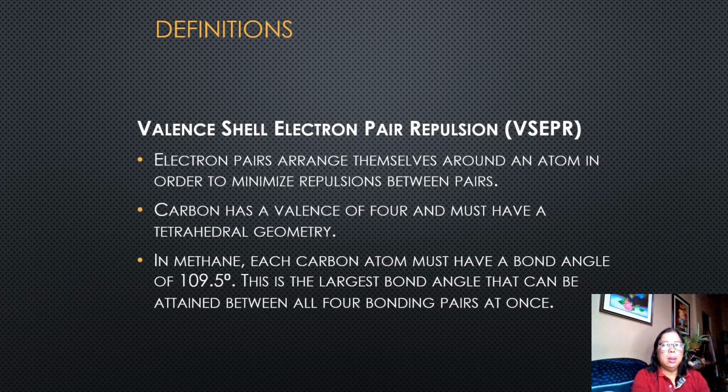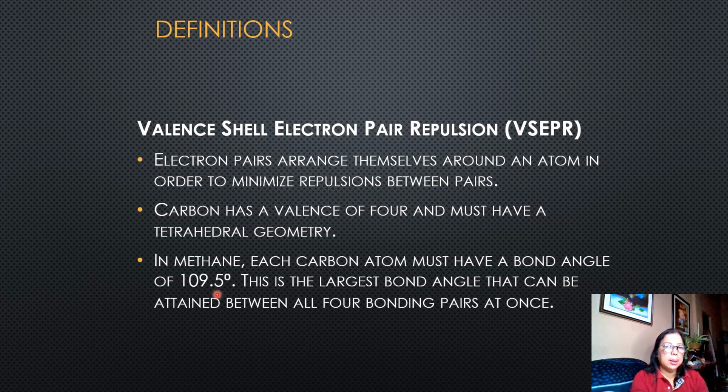So we have here your valence shell electron pair repulsion for carbon. Please read. But the emphasis here is carbon has a valence of 4 and must have a tetrahedral geometry. So CH4 or methane, its carbon atom must have a bond angle of 109.5.